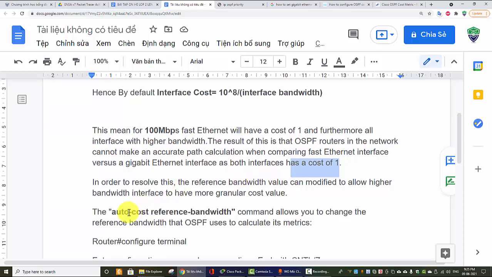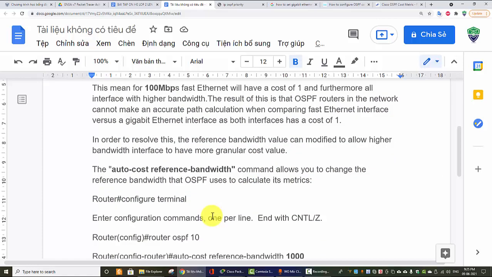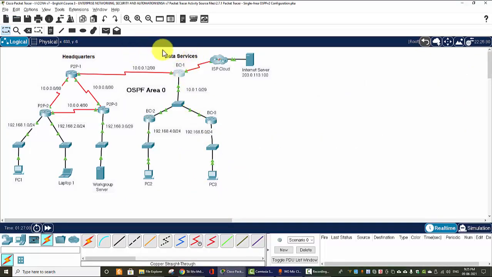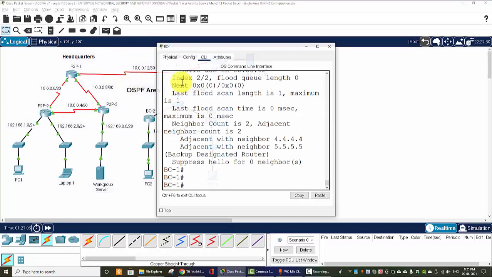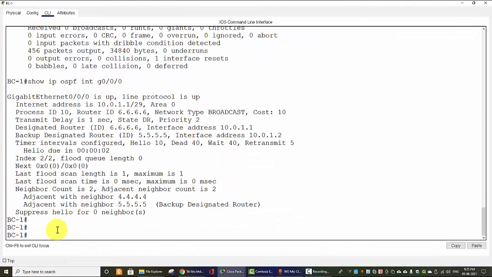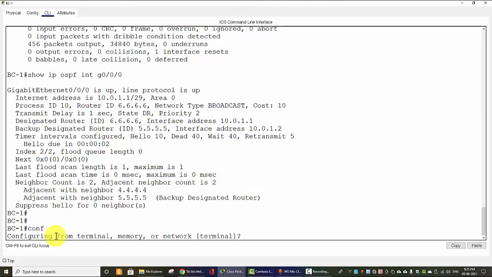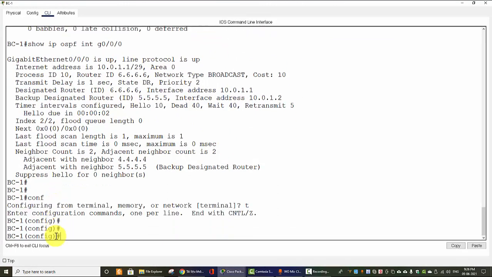So we need to change the reference bandwidth so we will get a more granular cost value. Turning back to our topology on BC1, I will change the reference bandwidth.